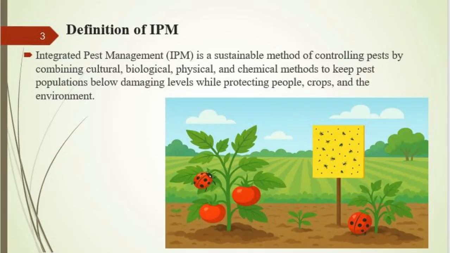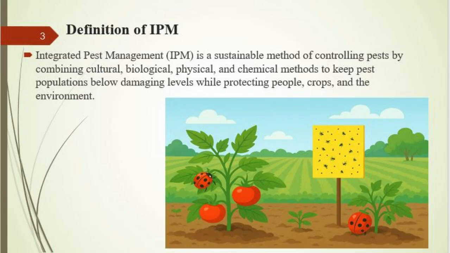Definition of IPM. Integrated Pest Management, IPM, is a sustainable method of controlling pests by combining cultural, biological, physical, and chemical methods to keep pest populations below damaging levels while protecting people, crops, and the environment. The main goals of IPM are to minimize economic losses, health risks, and environmental damage.